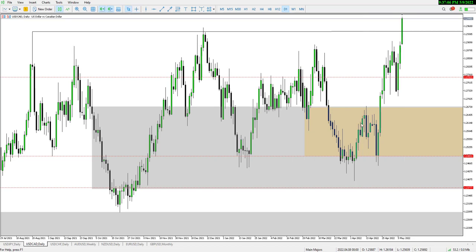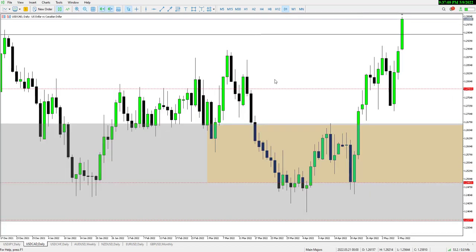So this green candle here, let me zoom in. This green candle, that's my 20-day look back.